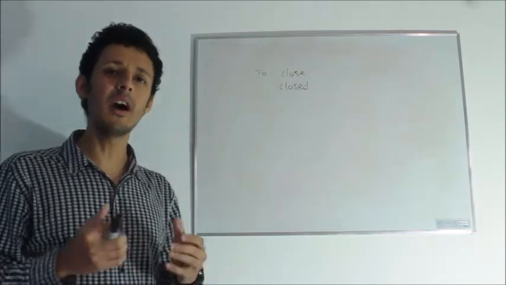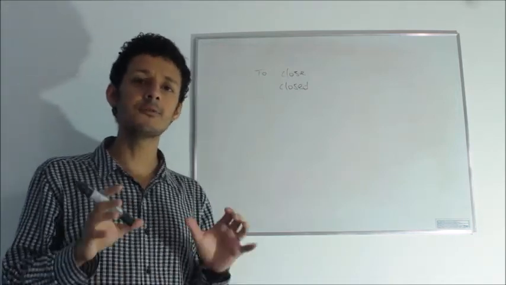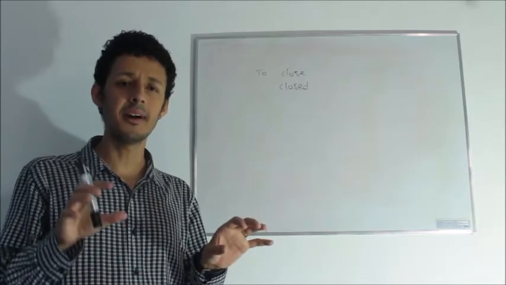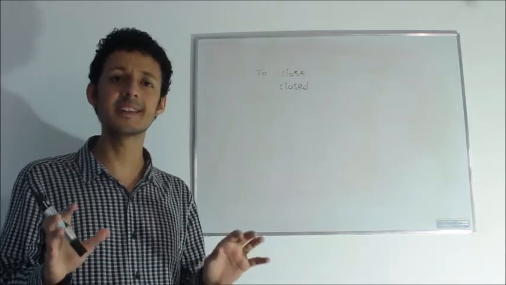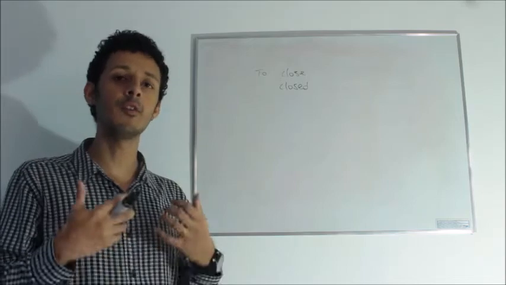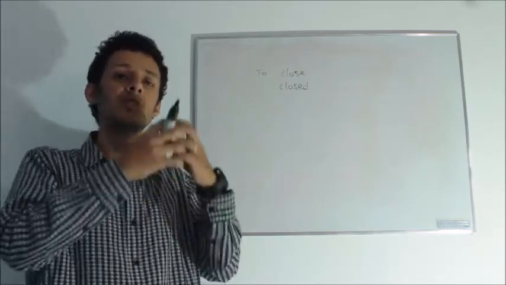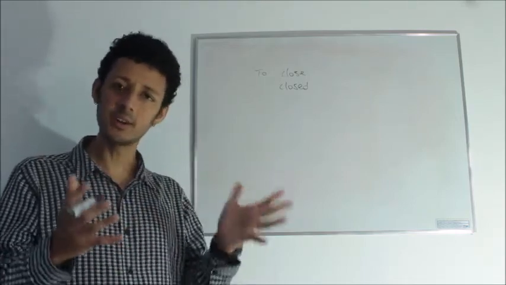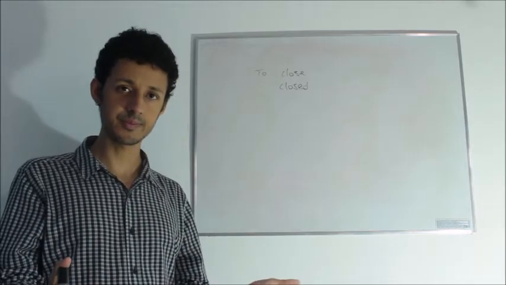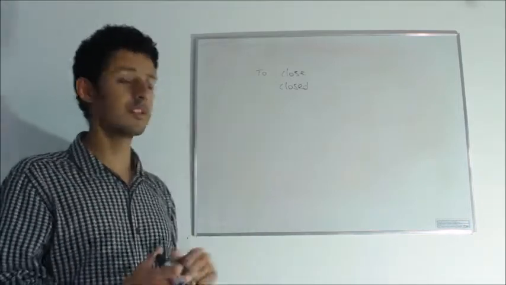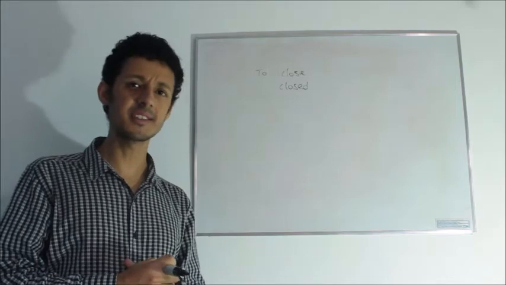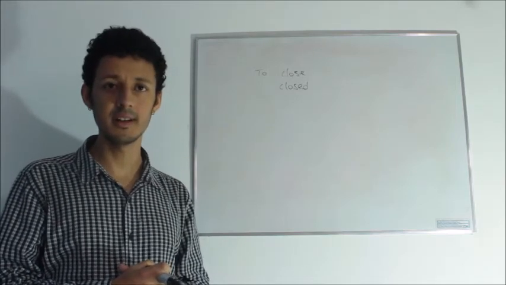So, very often, very frequently, participle and past tenses have a similar form. But they are not the same. They are not equal. In the case of the verb to close, it is very similar.